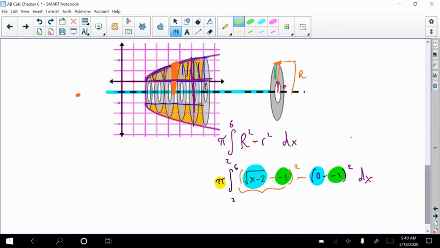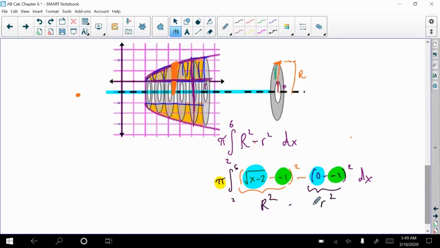Okay. And honestly, I leave my answers like this sometimes because it shows me the structure. In fact, the function minus the line of rotation squared measures the first radius, that's the big R squared, and then the function minus the line of rotation squared is the small one.